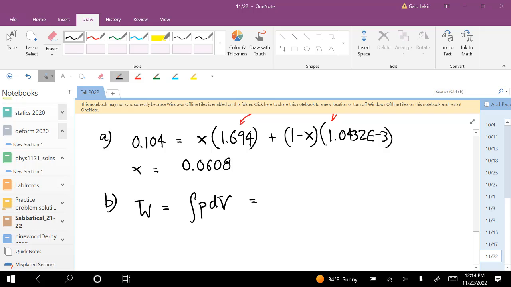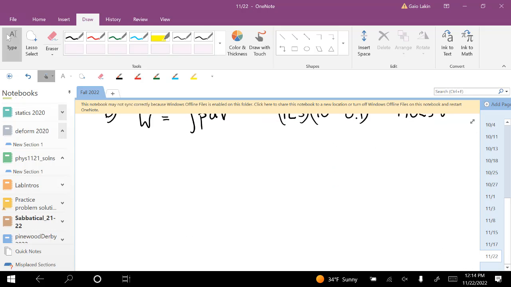Yeah, simply the work of expansion. Right. So it's 1 times 10 to the 5th times 10 minus 0.1, and you get 990 times 10 to the 3rd joules. Okay, so that's the first one.